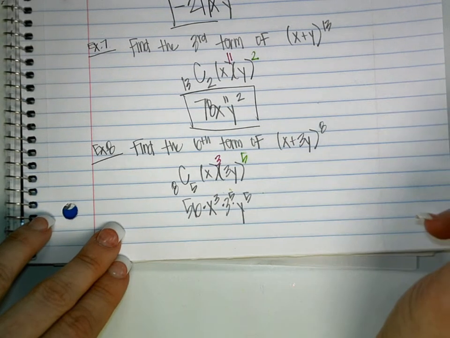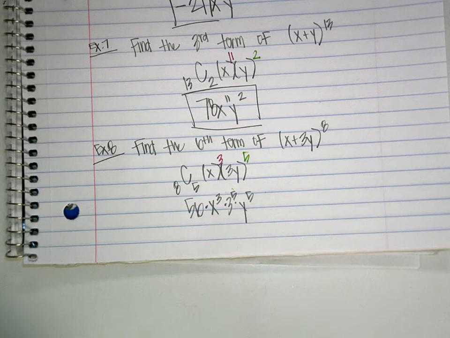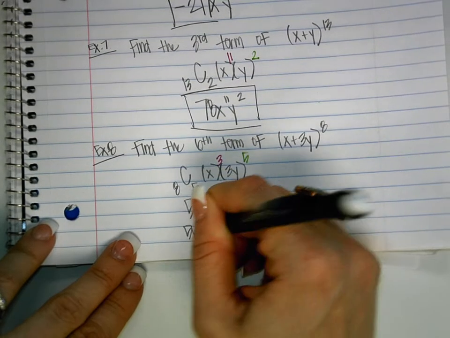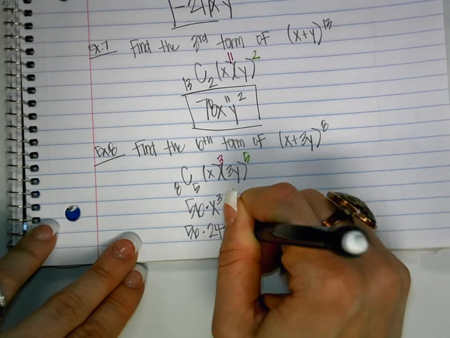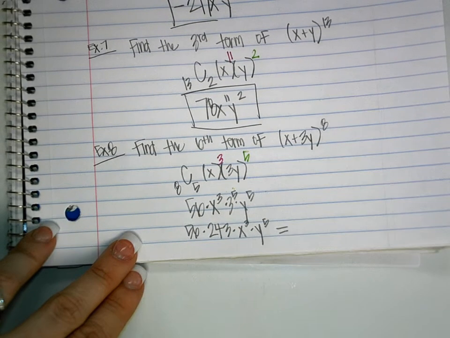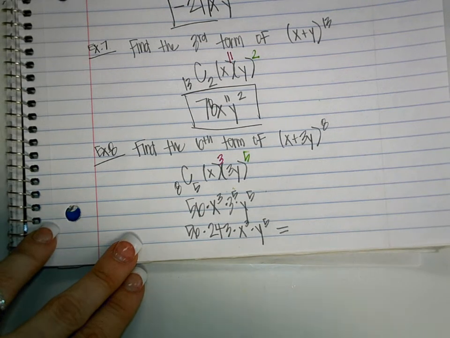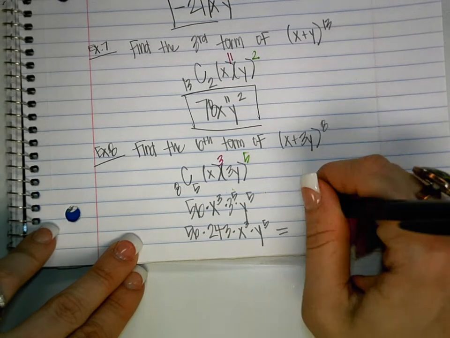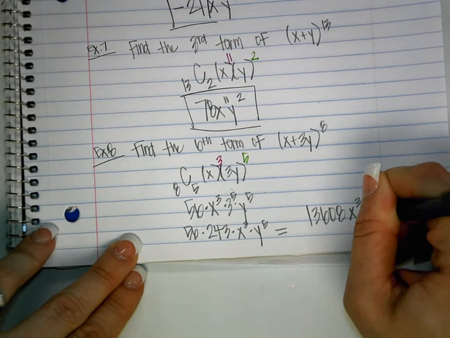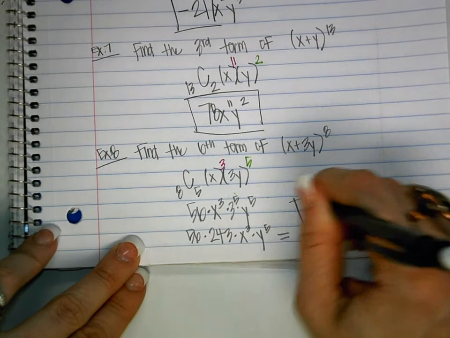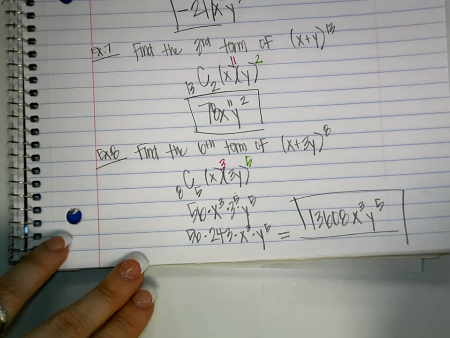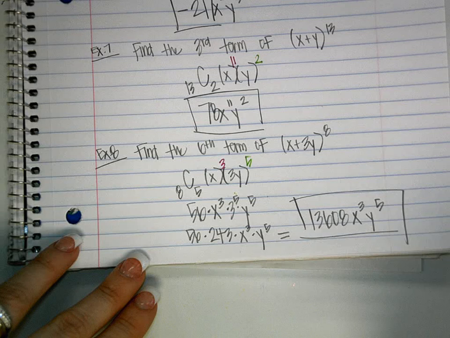If you multiply that out, 3 to the 5th power is 243. So really we have to multiply 56 times 243 times x to the 3rd times y to the 5th. You multiply all that out together, you're going to get a really big number. 13608 x cubed y to the 5th. That is your total term, or your complete term. If it's asking for the complete term, make sure you write out the whole thing.